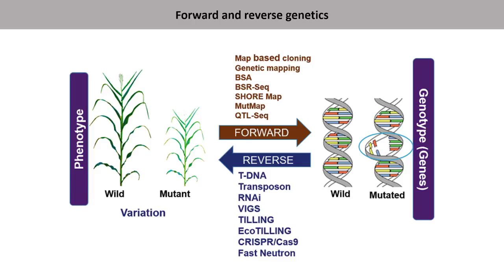I hope the forward genetics and reverse genetics concept is clear. If it is, you can understand that any technique involved in identifying a gene, like sequencing techniques, gene mapping, map-based cloning, BSA or SHOREmap, where you try to identify the gene from the phenotype, comes under the techniques used for studying forward genetics.